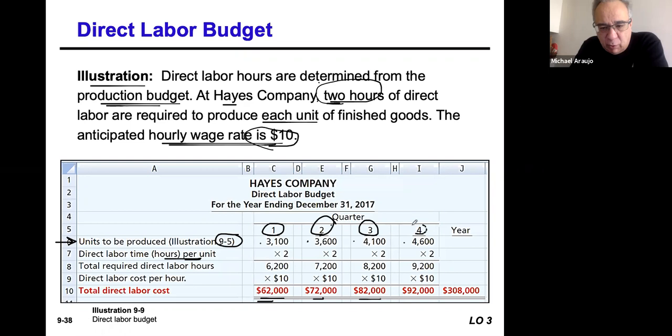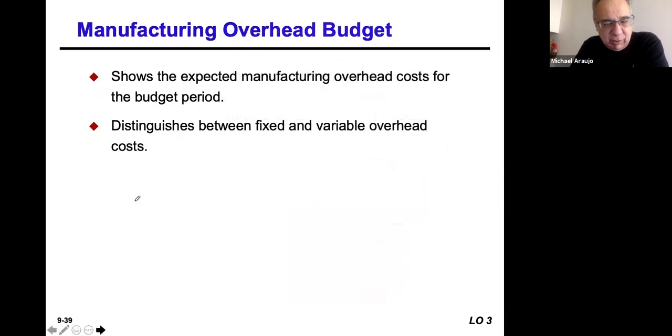And then in the fourth quarter, we'll be needing to produce 4,600, 2 hours each. That's 9,200 hours, $10 per hour, $92,000. And after the fourth quarter, of course, you've got a total. Okay, so that is simply a labor budget.